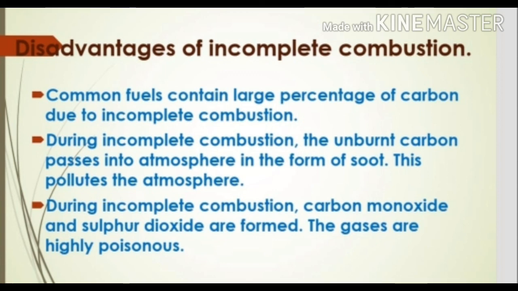During incomplete combustion, harmful gases like carbon monoxide and sulfur dioxide are also formed, and these gases are highly poisonous in nature, and they also cause acid rain. Acid rain is also corrosive for the buildings, for living organisms, for the plants, etc.